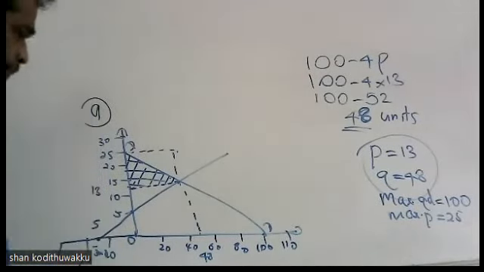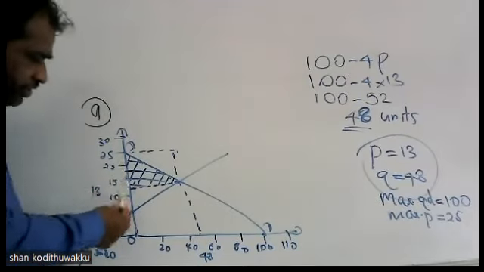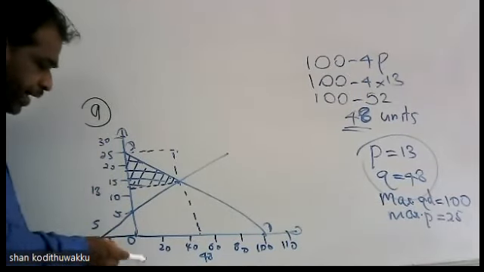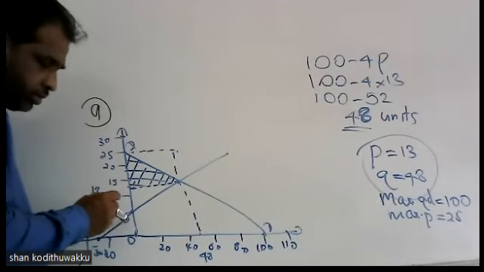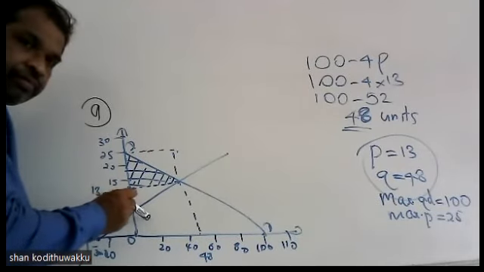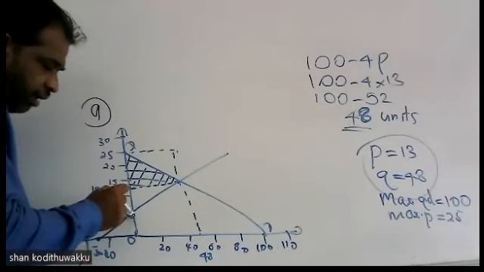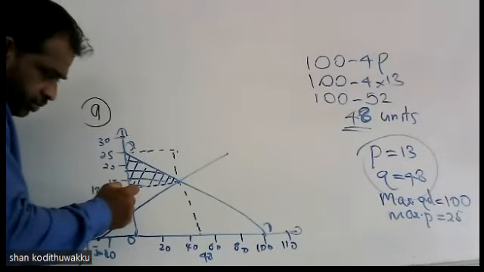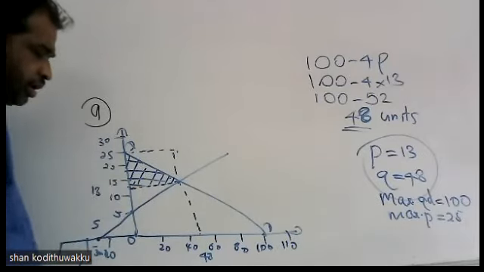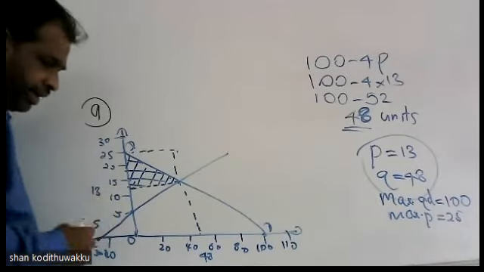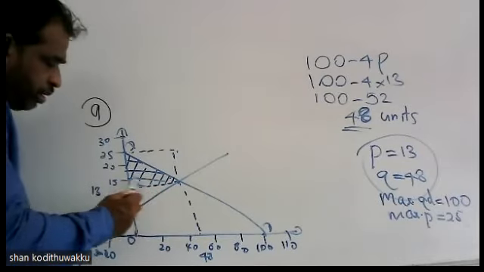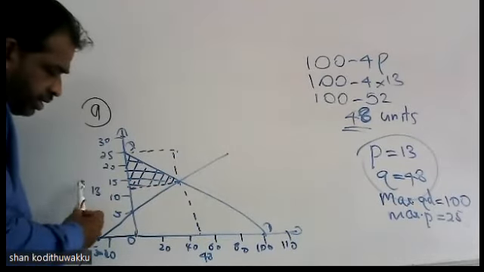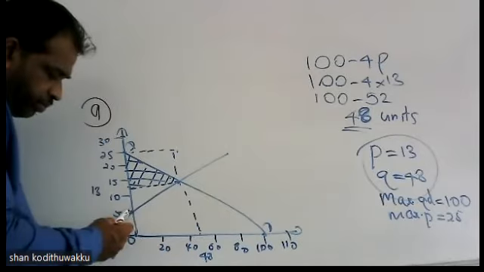Then we can talk about producer surplus. What is producer surplus here? Producers are willing to supply goods at a minimum of 5 rupees. That is the point where we intersect our supply curve. But because of the market equilibrium price, they can earn an additional income. Market equilibrium price 13, but they are ready to supply at 5 rupees.